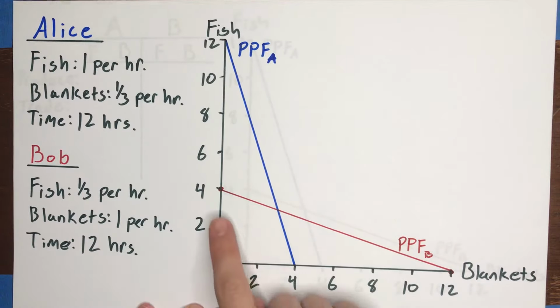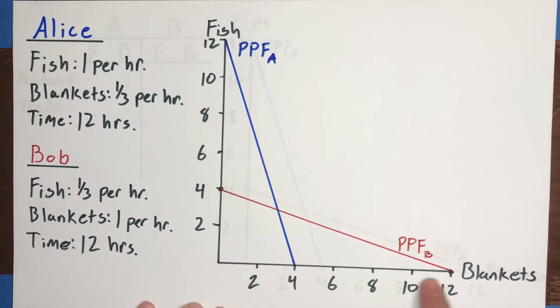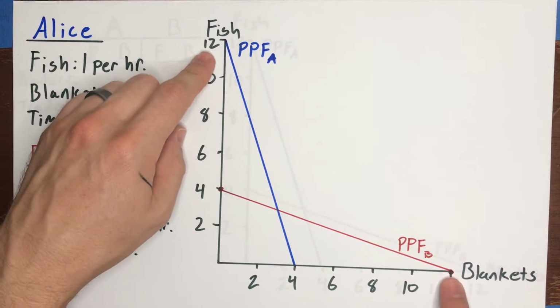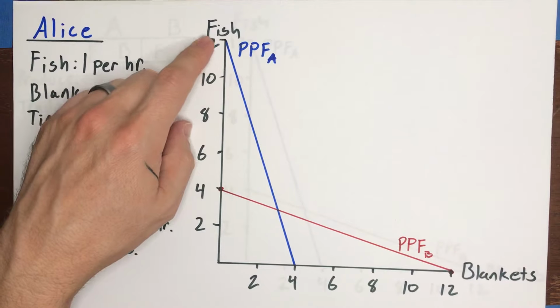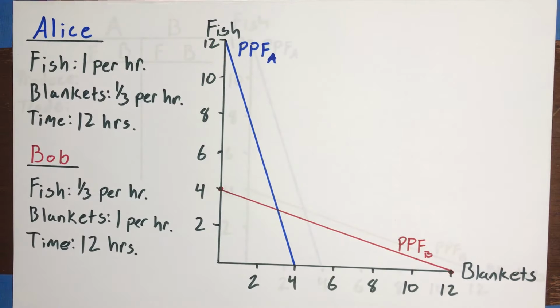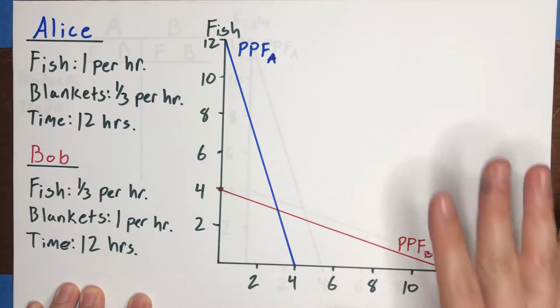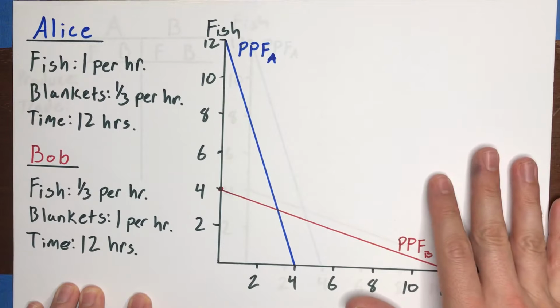Okay, and so you can see, one of these 2 parties is better at catching fish. The other one is better at weaving blankets. And now you can imagine them specializing, right, and trading with each other. So one of them is going to focus on fishing, the other is going to focus on weaving blankets, and in this case, it's perfectly obvious who should be doing what, right?